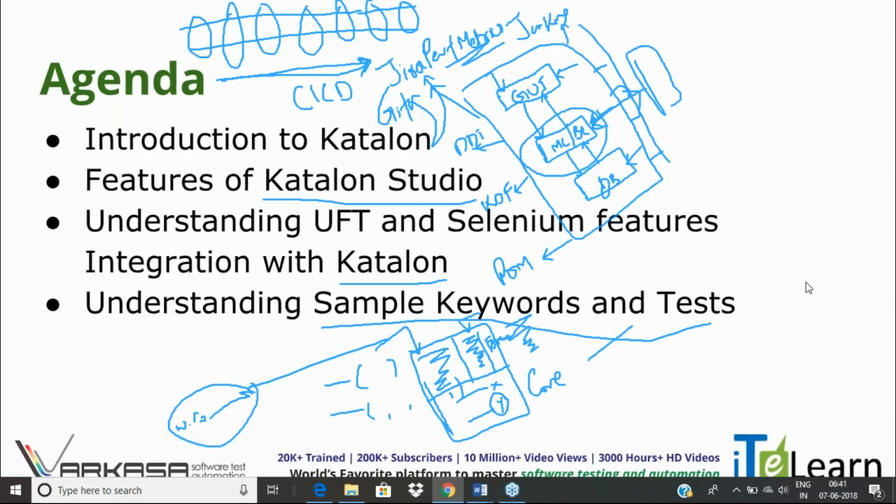Can it be integrated with Maven? Okay, so Maven's purpose is basically taking care of your build management and jar file dependency management. That structure Katalon Studio itself is trying to offer to you. So there's no separate need for connecting to a Maven-like structure.